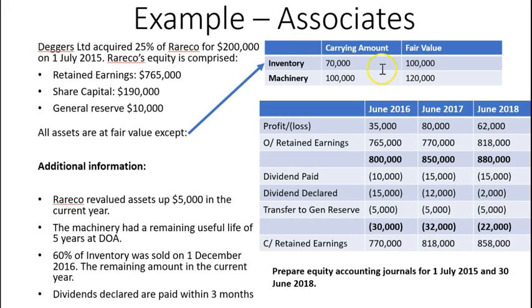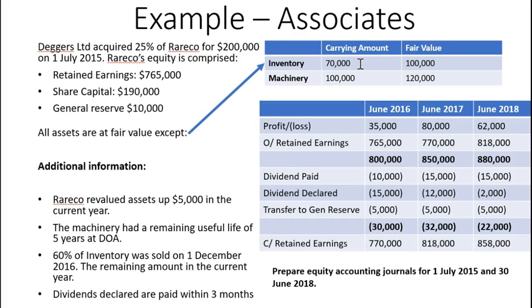So when this 60% of inventory was sold, Rareco would use the $70,000 to calculate the 60%. So if we take 70,000 multiplied by 60%, that gives us $42,000. So Rareco would recognize $42,000 of COGS when that 60% was sold.